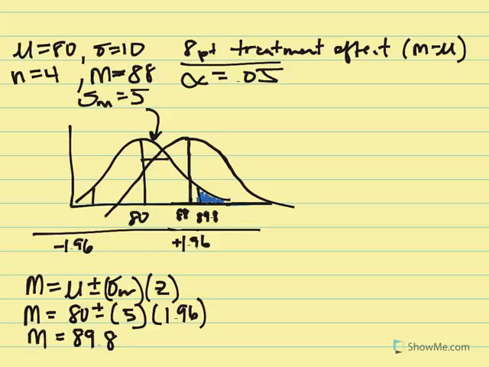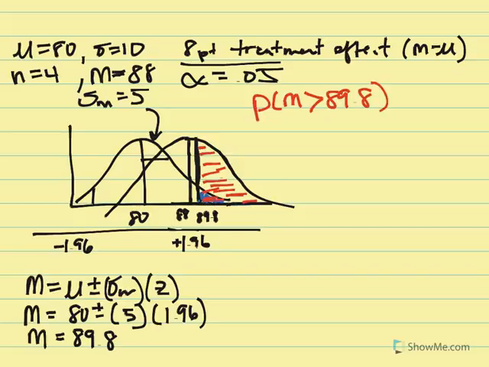And this value of 89.8 now represents the cutoff for what we would refer to as the body, excuse me, not the body, the tail. I didn't mean to confuse you. It's the tail of this particular distribution. The power is what I meant to say, the power, not the body. So now we would state this as, what's the probability of obtaining a sample mean greater than 89.8 in the treated population?